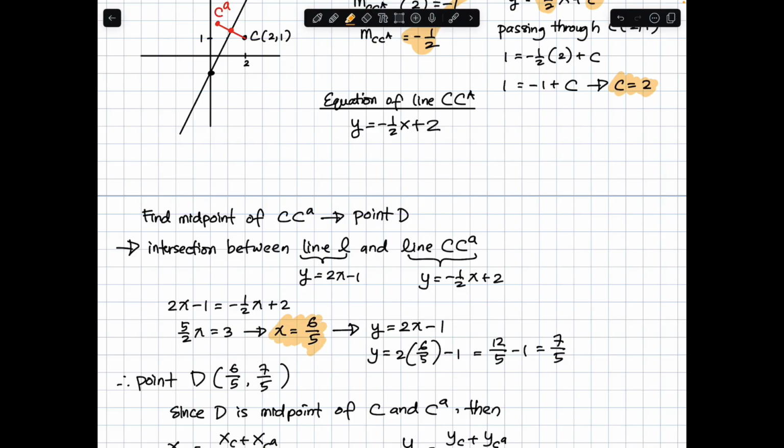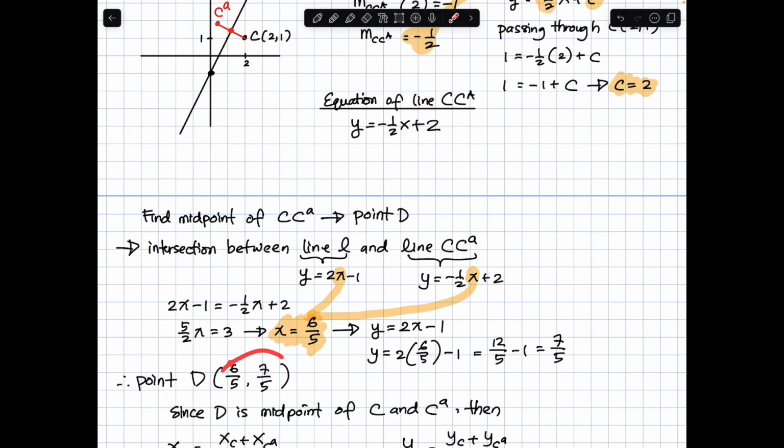To find the value of y, because I need the intersection point, you can substitute to here or here. Just choose one, and here I choose to substitute to here. I got the final answer for y is 7/5. So we got this point D.